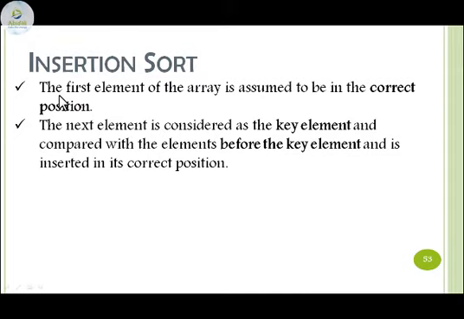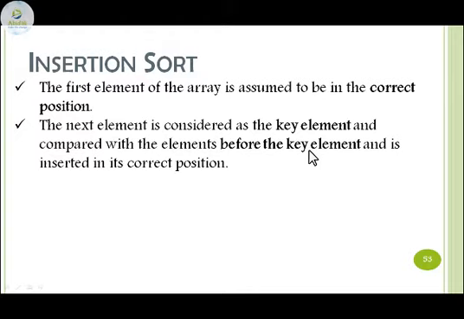As I already told you, the first element of the array is assumed to be in the correct position. That means we will assume that the element at index 0 is arranged in order. The next element is considered as the key element, that is, the unsorted part. The key element will be compared with the elements before it, that means it will be compared with the sorted part.